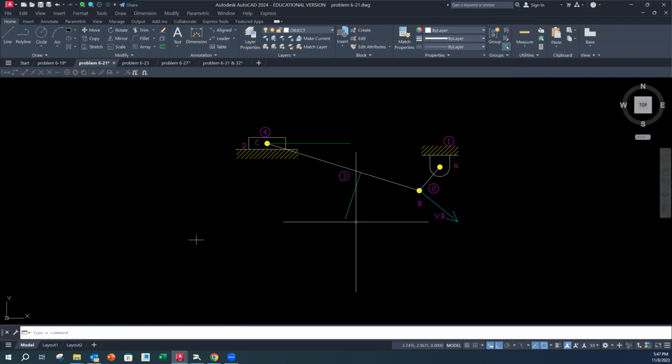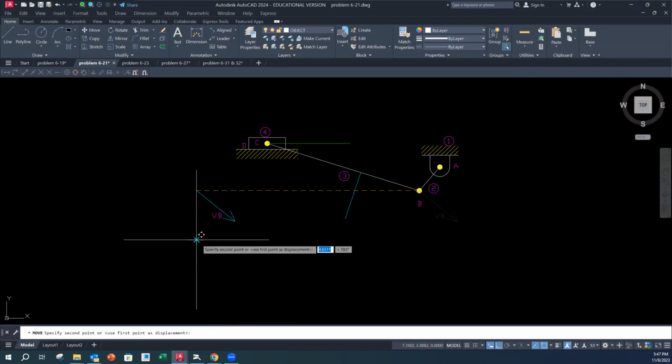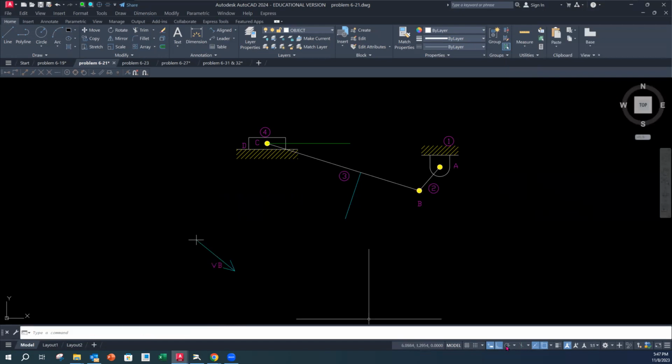That is required. And I'm going to move my VB, and its tail is going to start at the origin here. I'm going to turn my ortho off now. It's going to start at the origin because it's the first one in my vector equation.